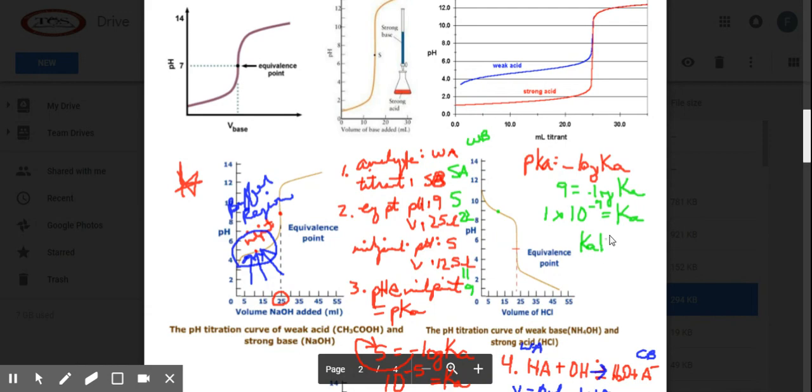Well, if you remember, Ka times Kb is equal to Kw for water, which is 1 times 10 to the negative 14.